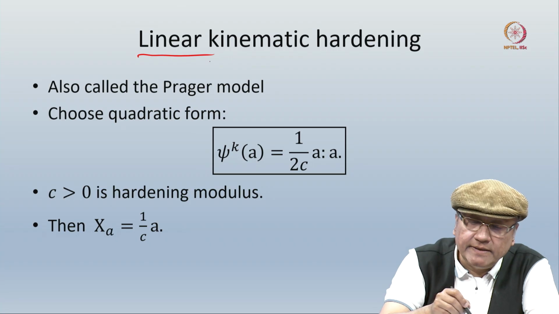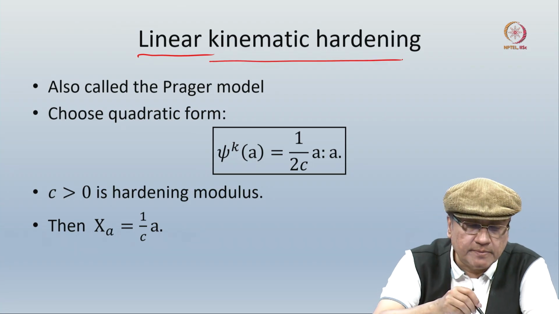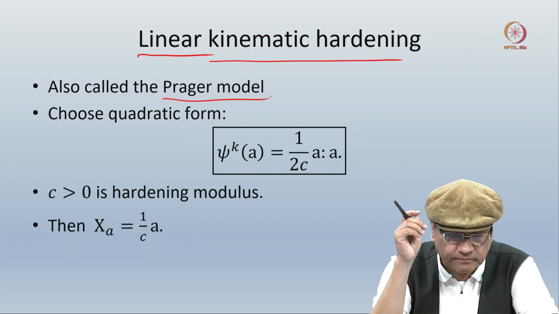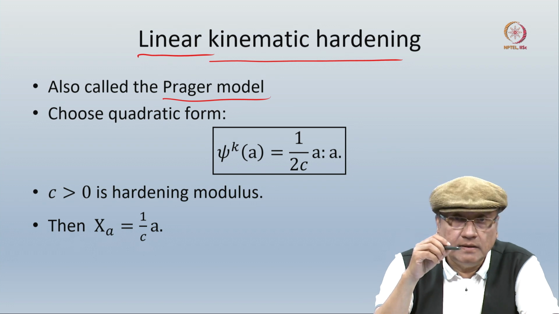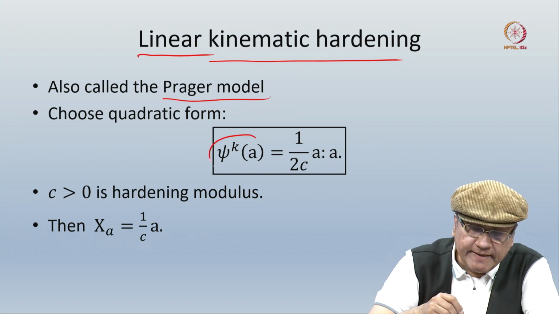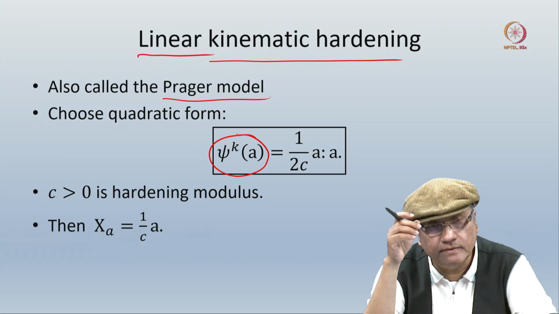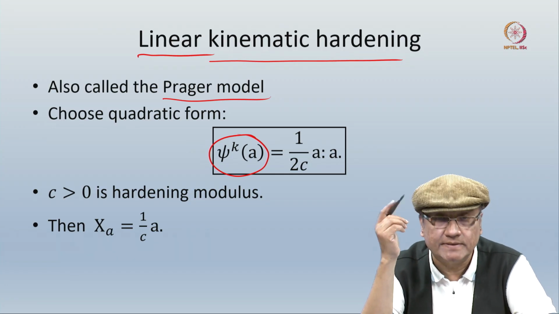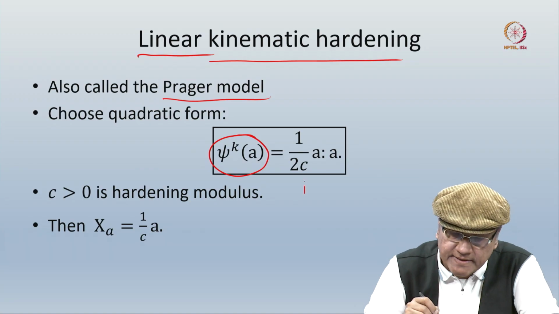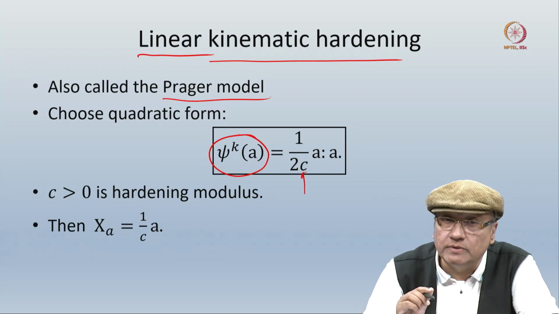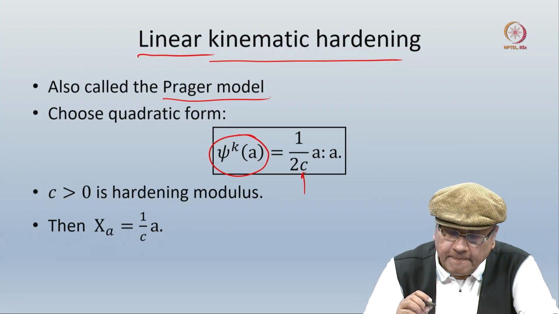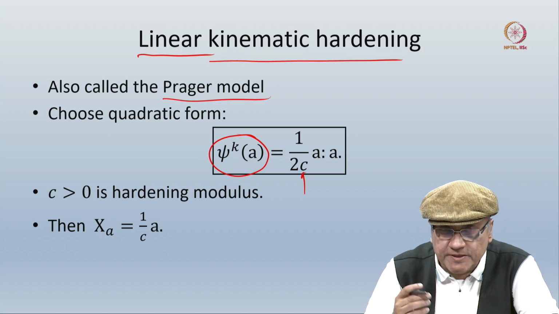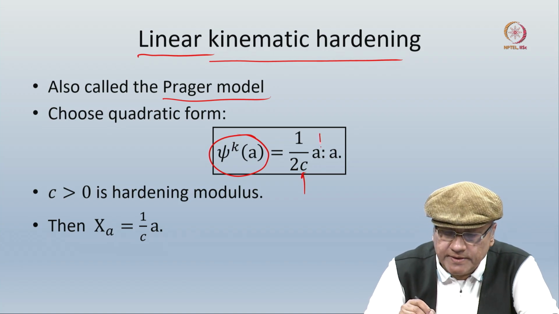So this linear kinematic hardening model is called the Prager model, where as usual the psi k, the kinematic hardening based free energy, is chosen as a quadratic of the back stress with a constant C, which is called the hardening modulus, right. Now back stress being basically a stress, that is why the inner product.